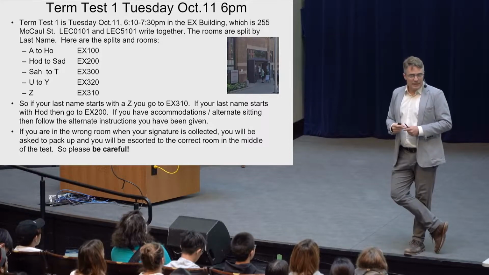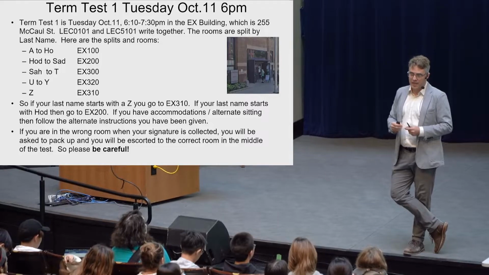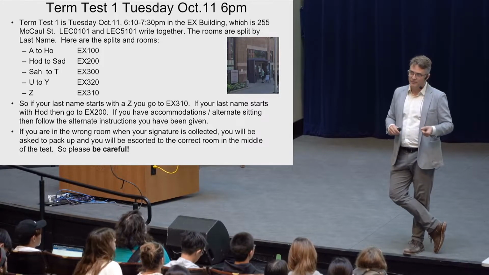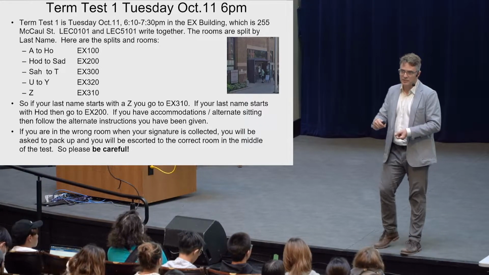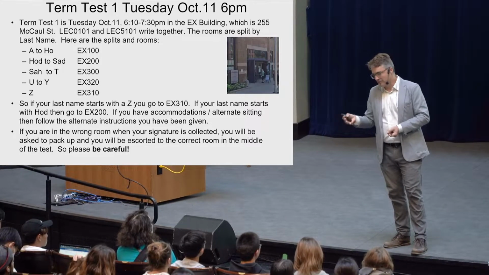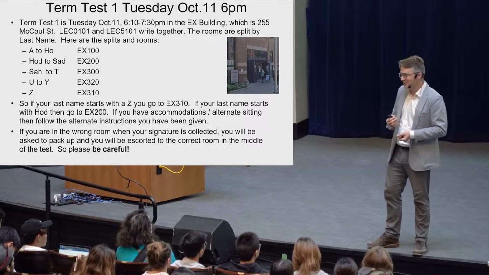One of the things that happens in a big term test like this is that the invigilators have a signature sheet with your name on it and a blank beside it. And they walk around and every single student has to sign beside their name. And then we check your T card. You don't have to take off your mask. We'll just check the T card with your eyes if you want.